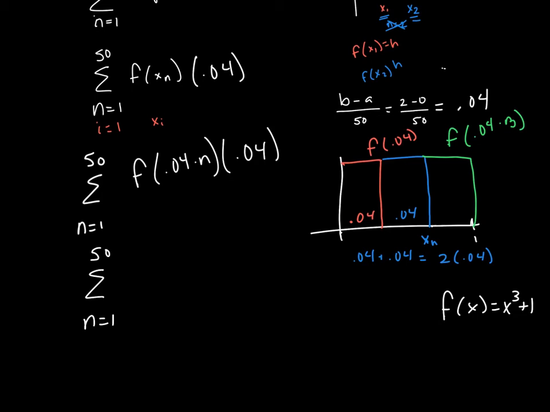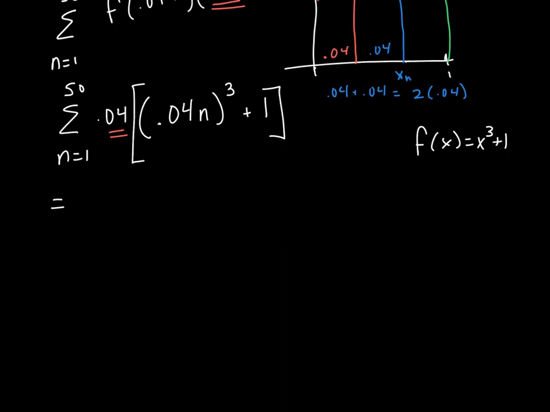So what that gives me here is 0.04. I'm going to go ahead and pull this in front right now. So now I have 0.04 times n to the third power plus 1. Now we have to simplify this a little bit before we can pull it out.